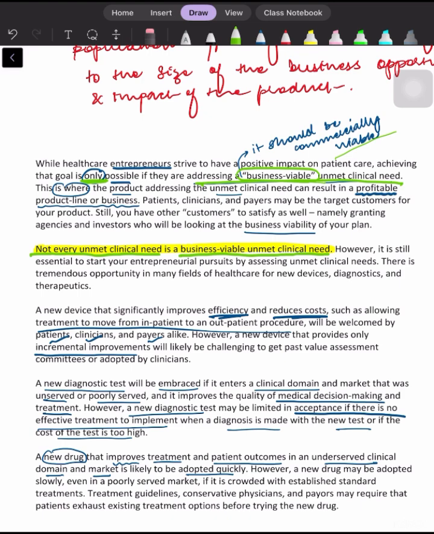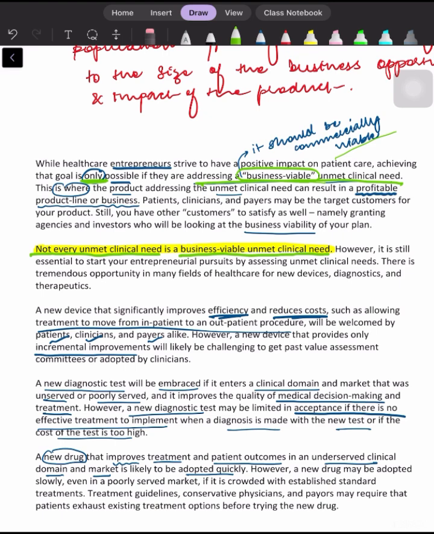I also explained it in the previous paragraph: okay, so I have an unmet clinical need, and it got its solution. But what if the target audience of the solution is small?